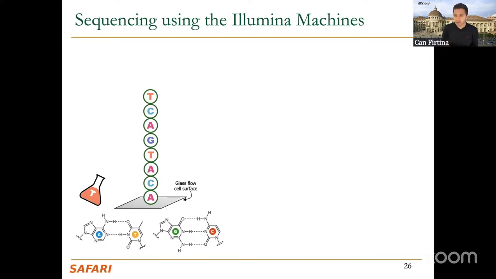So what will happen is that when we release, for example, T in the environment, this T will connect to this base that is on the surface.